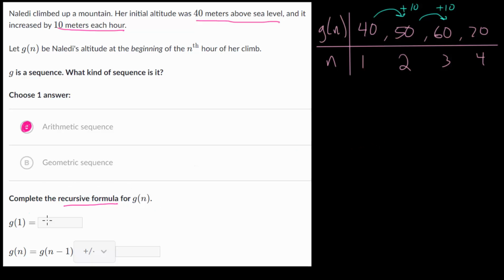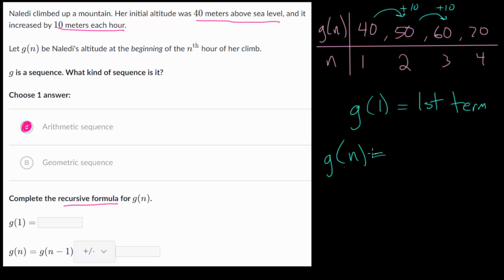And let's remind ourselves what the general recursive formula looks like. So recursive formulas always start with our first term, G of 1, and then give a pattern to find the next term, essentially, or to find any term in the sequence.